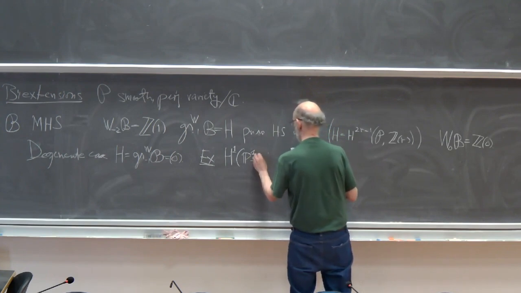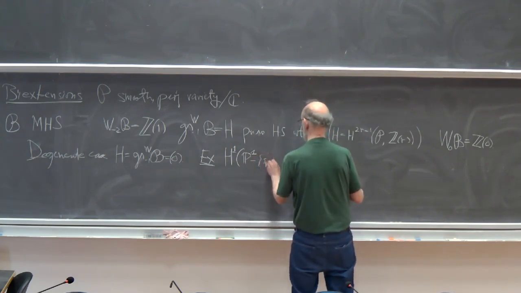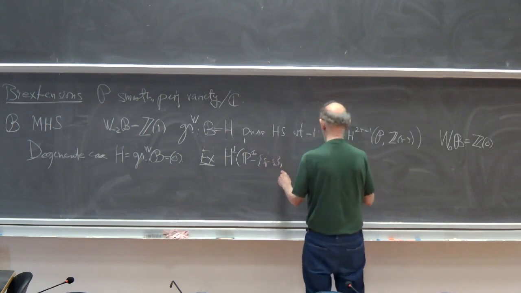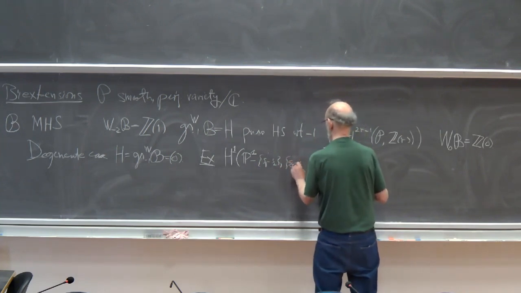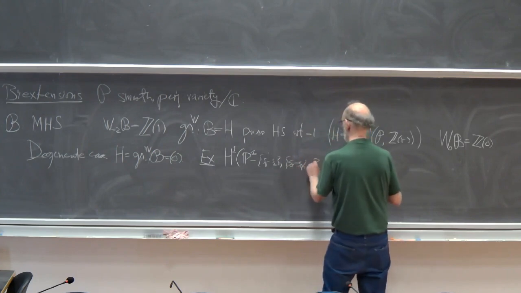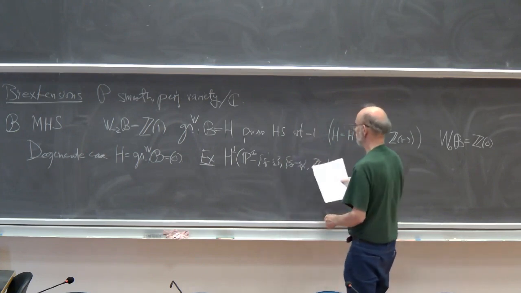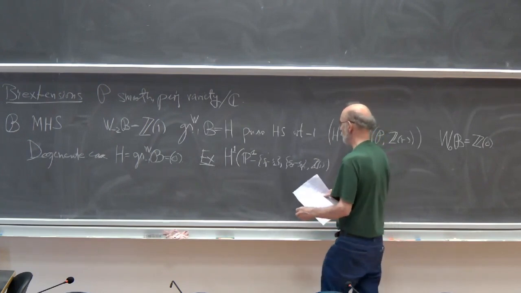This is sort of abusive notation, but let me write it. S1 minus S2 relative to S3 minus S4, Z of 1. And let me actually take a minute to discuss this because it's kind of important in what follows.